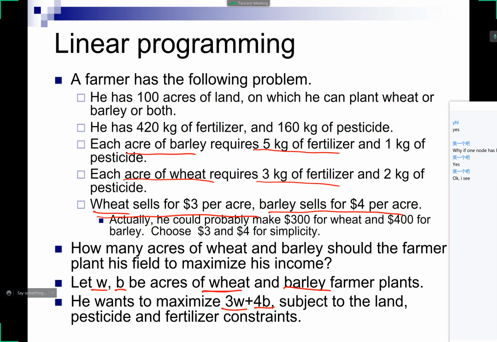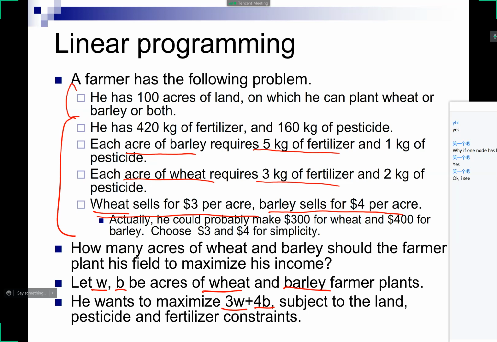But when he does that, he has to satisfy all of these constraints over here. For each acre of wheat and barley, he needs to use a certain amount of fertilizer and pesticide, and he only has a limited amount of each. Furthermore, he only has 100 acres of land, so at most he can plant 100 acres of wheat or 100 acres of barley or some combination.